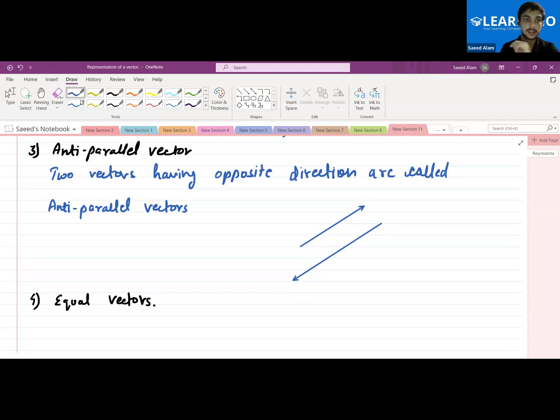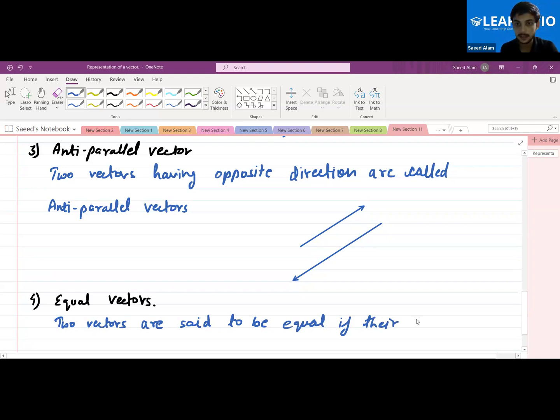So what we should say here is that two vectors are said to be equal if their magnitude and directions are same.